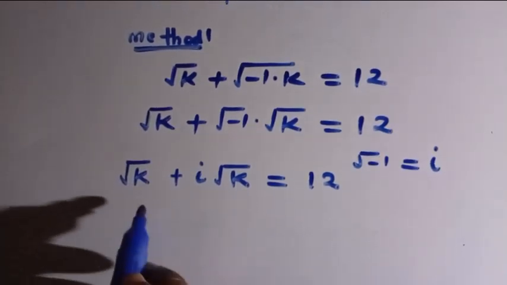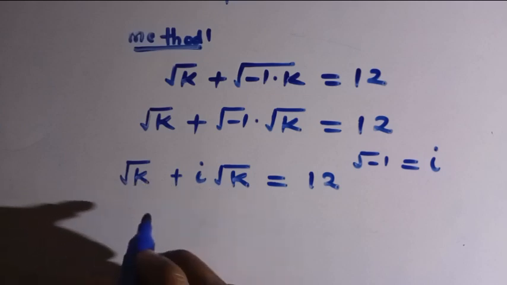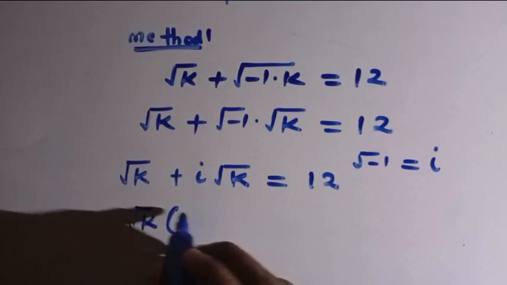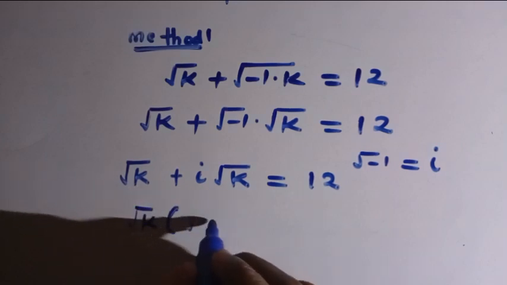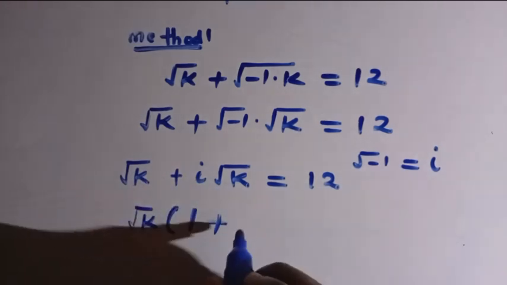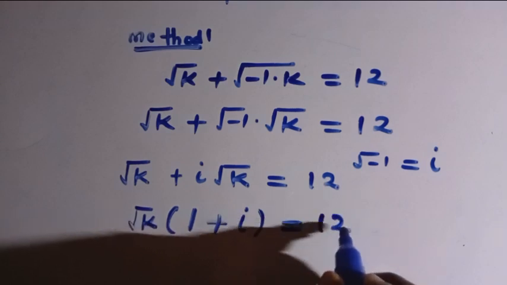Then we have square root of k here, and here is also square root of k. When we factor out square root of k, in the bracket we have square root of k divided by square root of k, so this gives us 1, plus square root of k divided by square root of k, so that is i, equals 12.